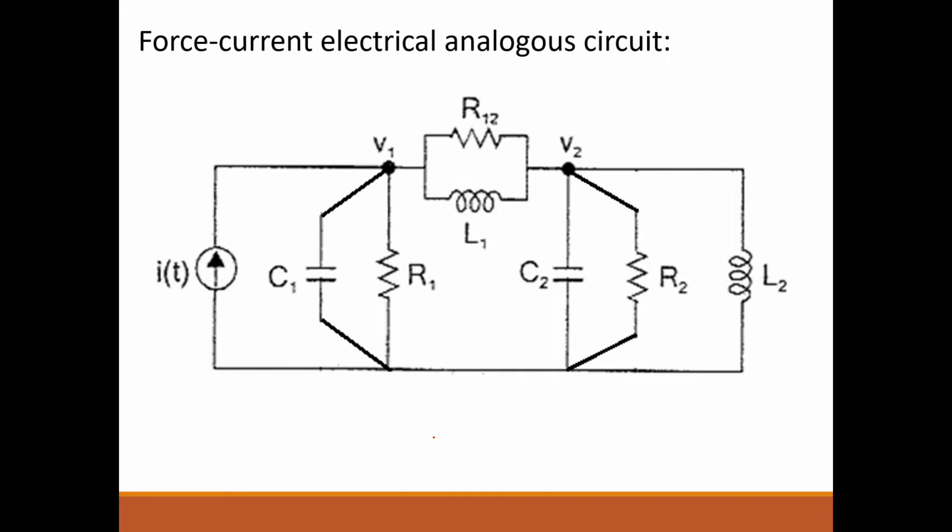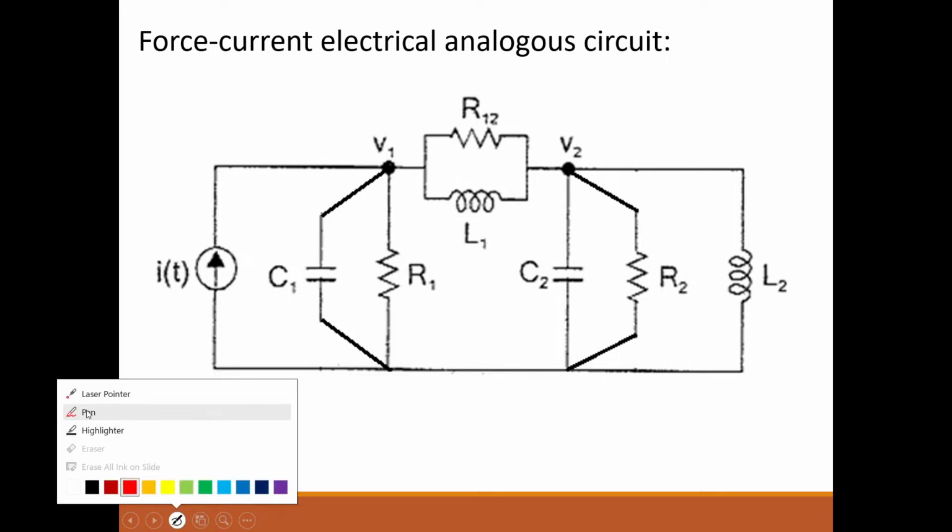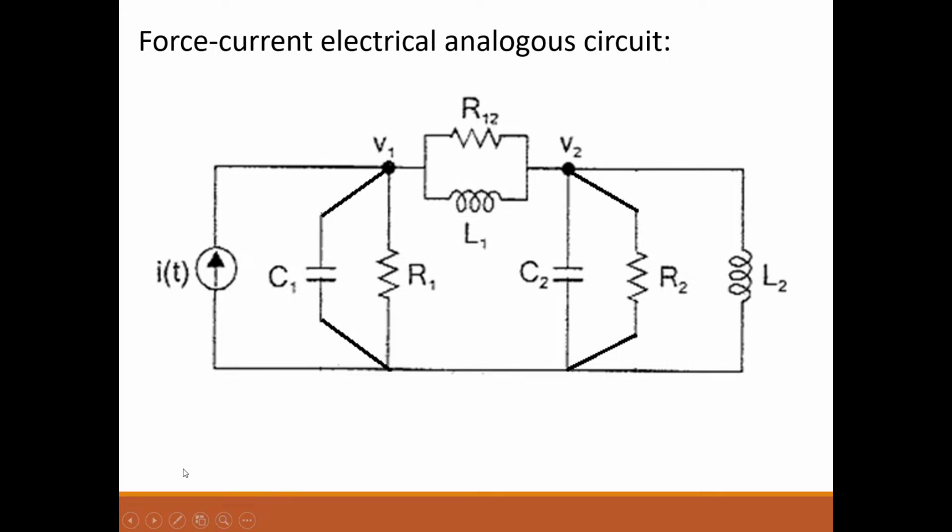It's okay. So now write down the nodal equations at node 1. This is node 1, this is node 2. What are the nodal equations that you can write at node 1?